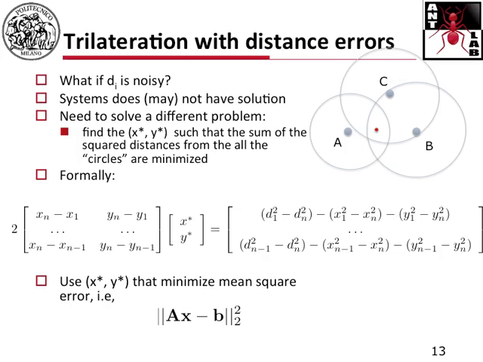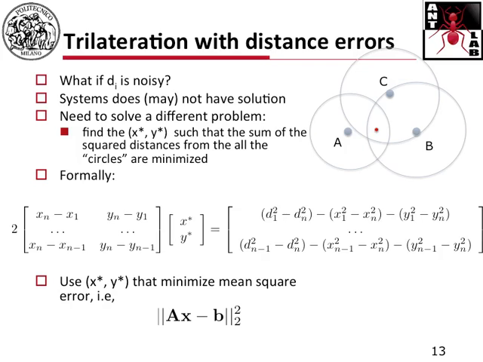So formally, you want to solve a different problem, which is to find x star and y star that minimize the square error of this quantity here, which is Ax minus b, where A is this matrix here, x is the variable vector here, x star, y star, and b is the vector at the right-hand side of the equals. Okay? So this is a formal way to say that I want to find an x star and y star which is as close as possible to a solution to this kind of system. Okay? Clear?